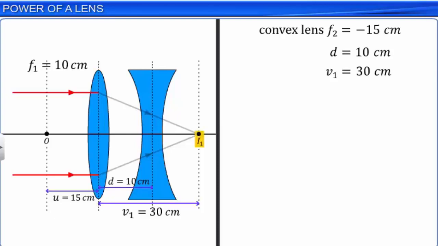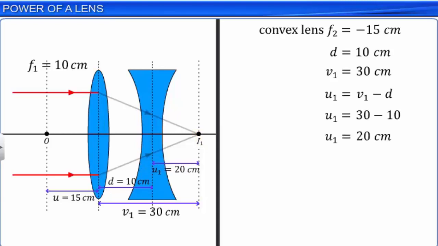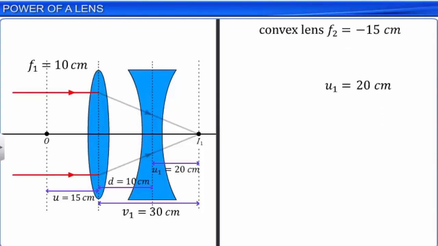If the final image is at a distance V from the concave lens, then 1 by V is equal to 1 by F2 plus 1 by U1, or V is equal to U1 F2 by U1 plus F2. On substituting the values of U1 and F2 and solving for V, we get V as equal to minus 60 cm.